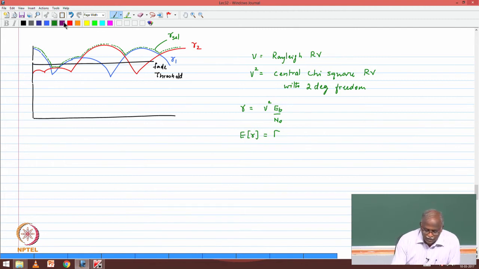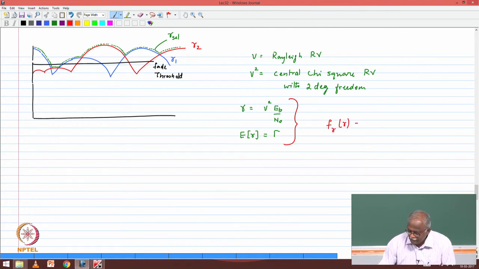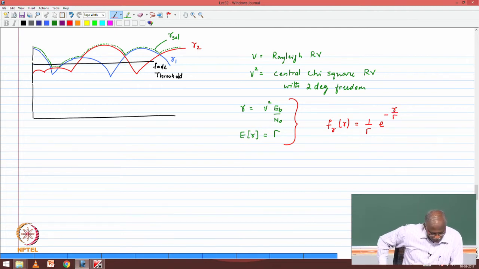All of this is tied to a PDF which says that the probability distribution of SNR is given by 1 over uppercase Gamma e power minus gamma by Gamma. Again, this is a form that we have already developed. So that's our reference point. You can probably look it up in your notes or rewrite it just for reference.